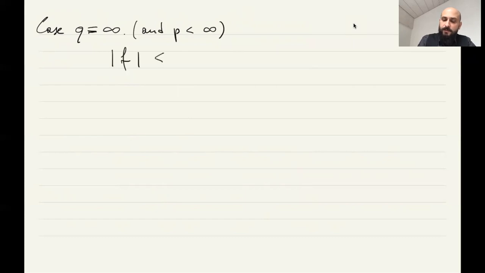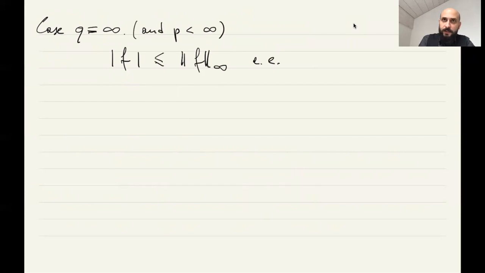Now the second case, q equal to infinity, and of course p is different, so p is less than infinity. If you take a function f, then of course its absolute value is less or equal than the essential sup of f. This is true almost everywhere by definition of the essential sup.